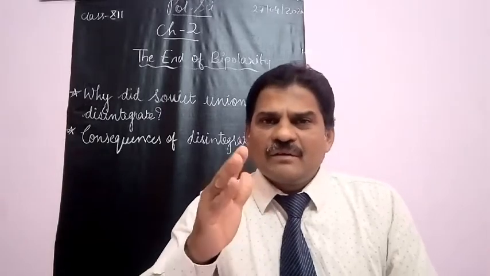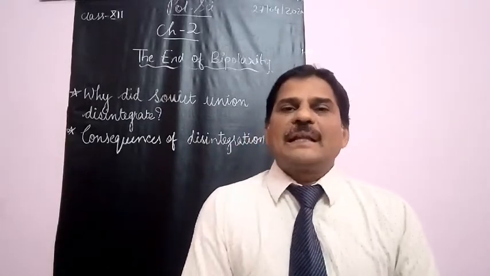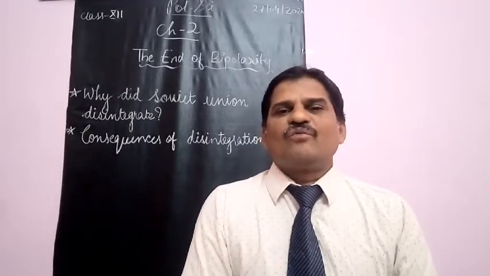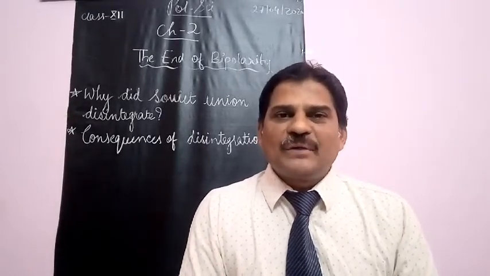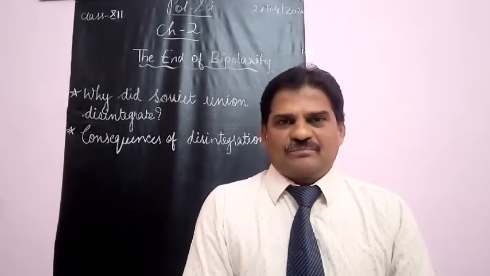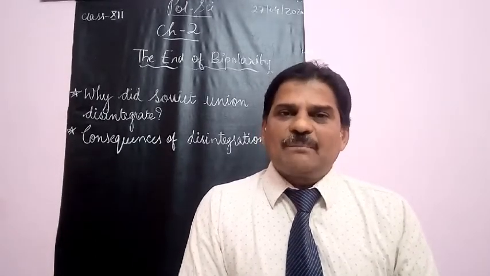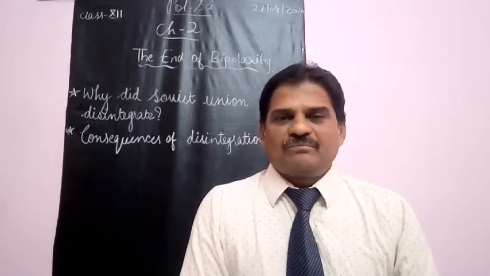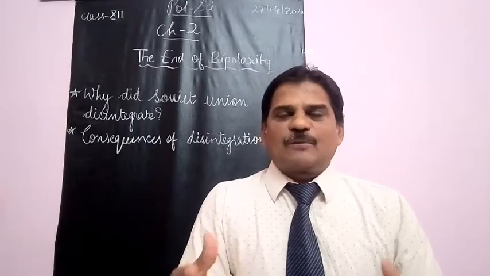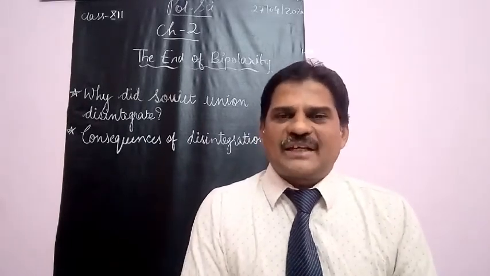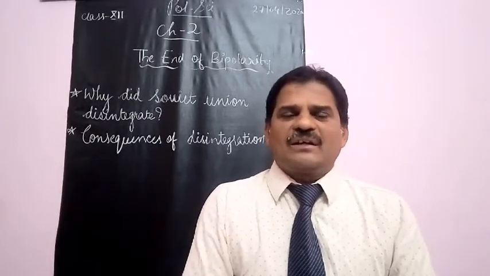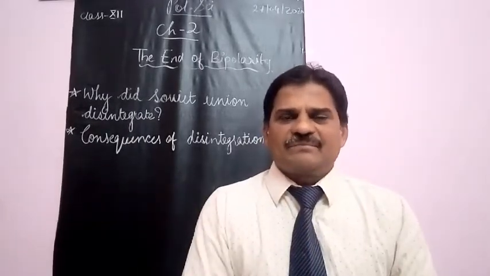The remaining 14 republics in this union also felt that power should be distributed. There should not be centralized control. They demanded autonomy, so that they could develop their own states. There was a popular demand from all the states, especially the Baltic states and Russia, that power should be decentralized.